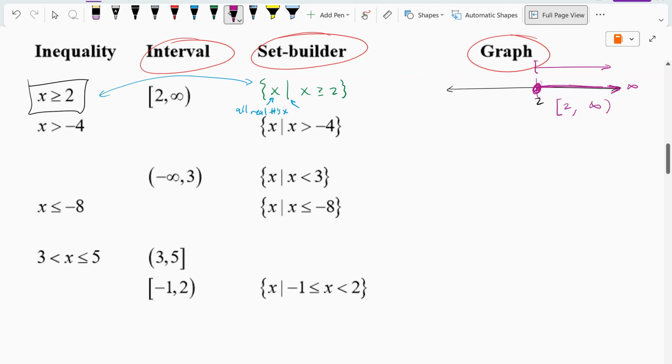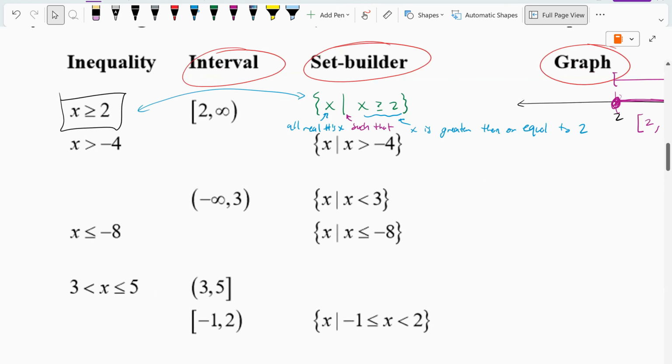This line means such that, and this is the statement we want to be true. x is greater than or equal to the number 2. The set builder notation is shorthand for an entire sentence.